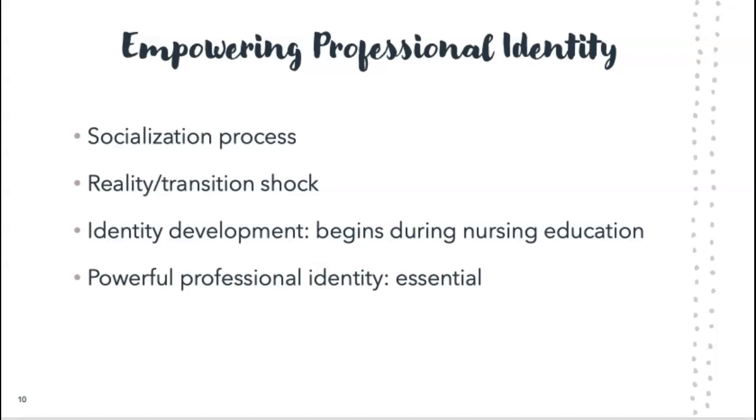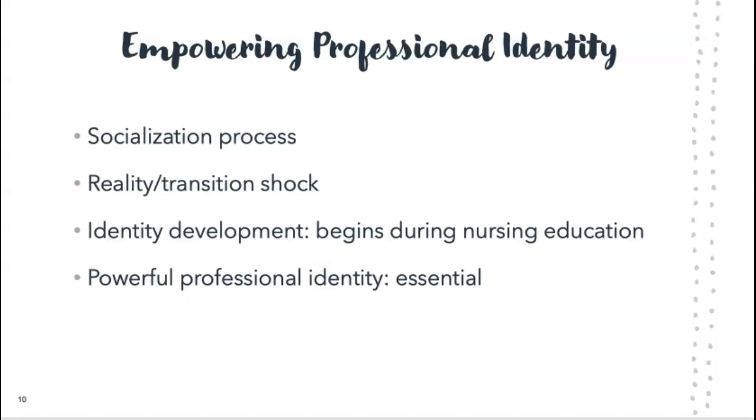So professional identity arises through a socialization process whereby individuals learn the behaviors, attitudes, and values associated with their profession. Professional nursing socialization often begins in nursing programs where students learn about professional standards of practice and codes of ethics. Entry into the workplace can cause a significant clash between learned ideas or ideals and actual nursing practice, and we call this reality shock.